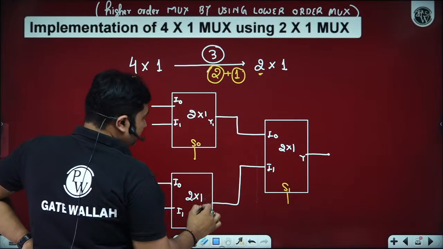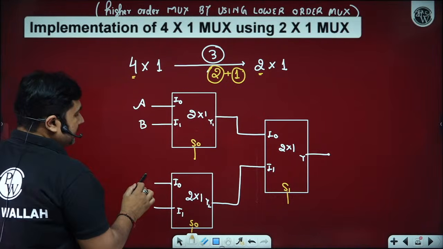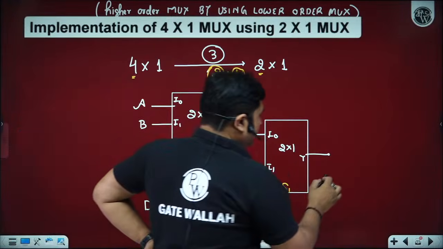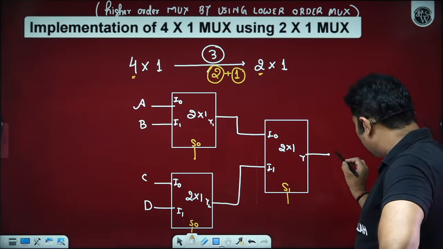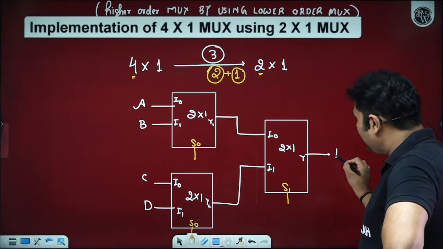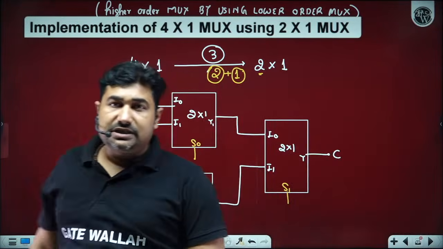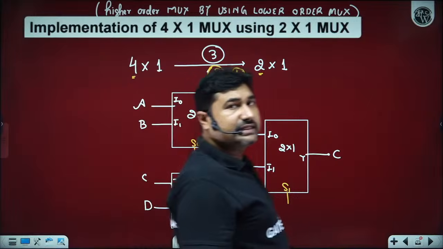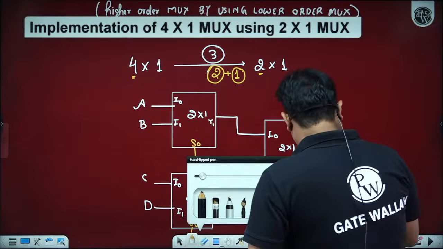Beta ji, please observe here. Suppose we have A, B, C, D, then can you please tell me what are the select line conditions S1, S0 for output to be equal to C? What is the select line condition of I1, I0 for output Y equal to C? Can you tell me? Please find out.